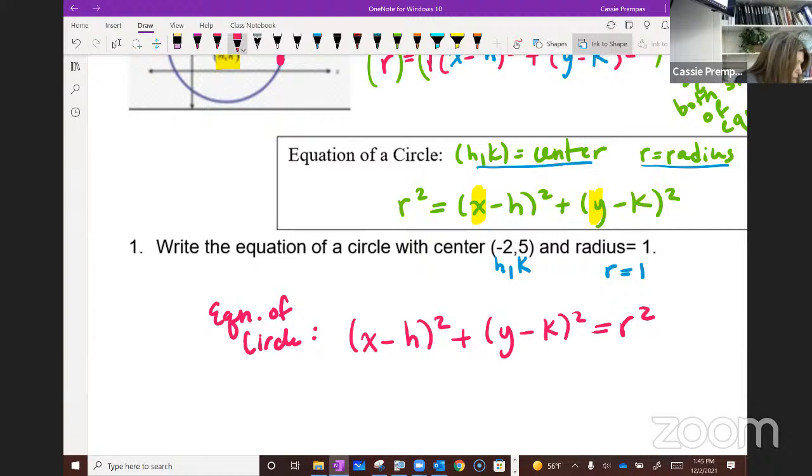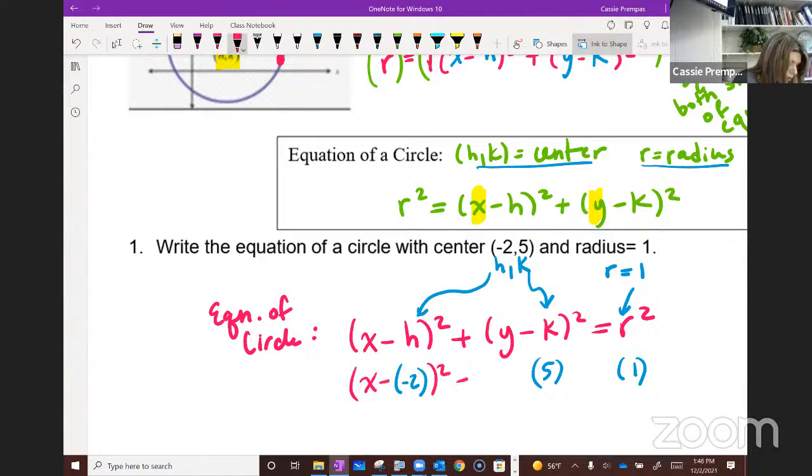Then to use that equation to answer this question, we would plug in the value of h, the value of k, and the value of r. So h is -2, k is 5, and r is 1. And then I'll keep the other pieces of the equation. x minus -2 squared plus y minus 5 squared is going to equal the radius squared.